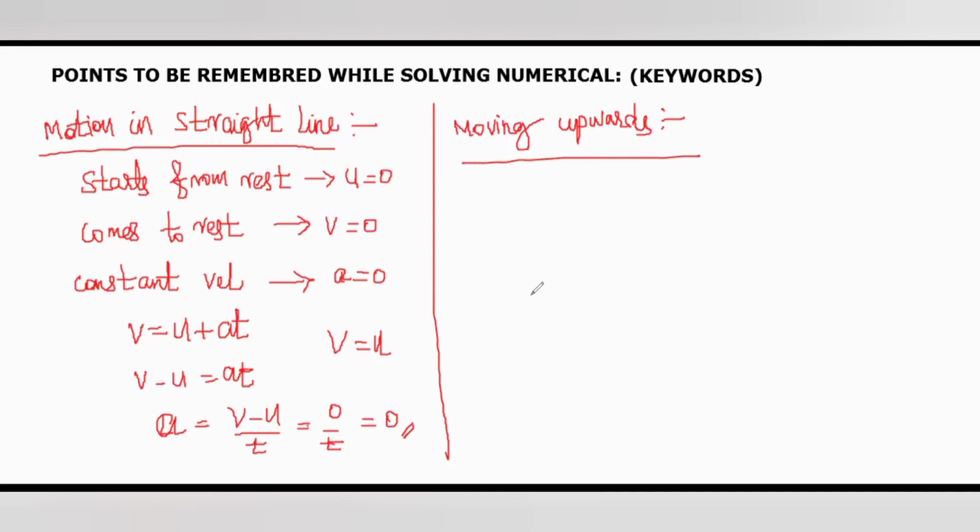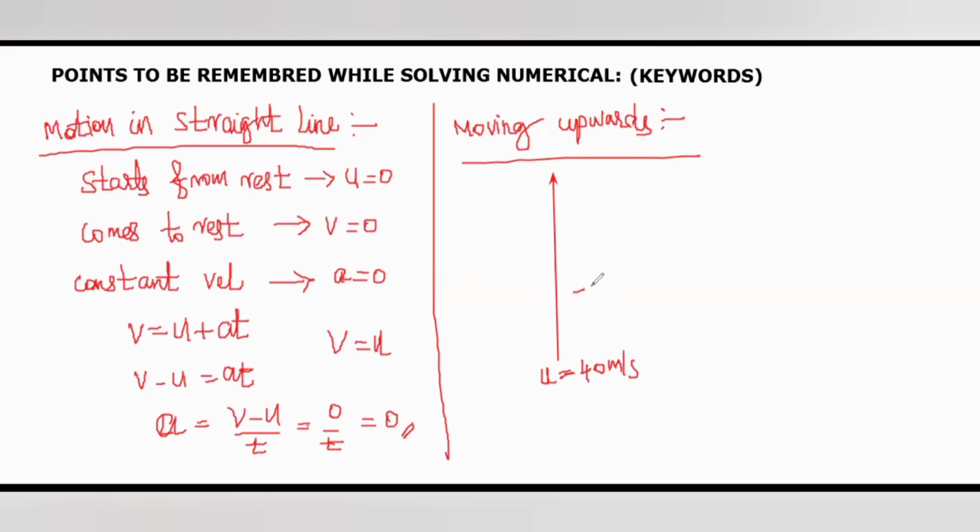Just consider a vertical motion of an object in the upward direction. Here, the initial velocity of the object will be some given value, for a numerical example, 40 meter per second.